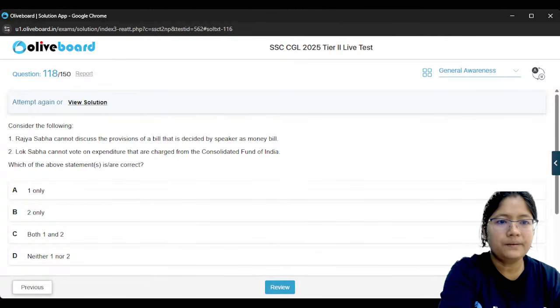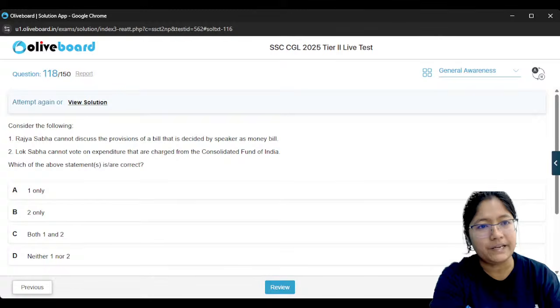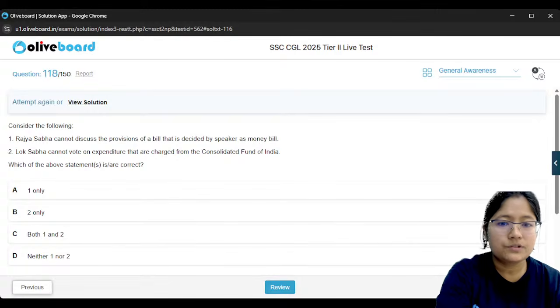Now, Lok Sabha cannot vote on expenditure that is charged to the Consolidated Fund of India. Lok Sabha cannot vote, which is correct. So which is correct here? That Lok Sabha cannot vote on expenditure that is charged to the Consolidated Fund of India.